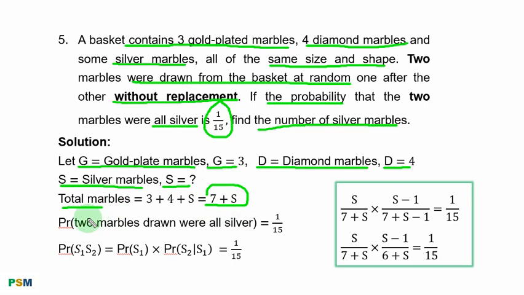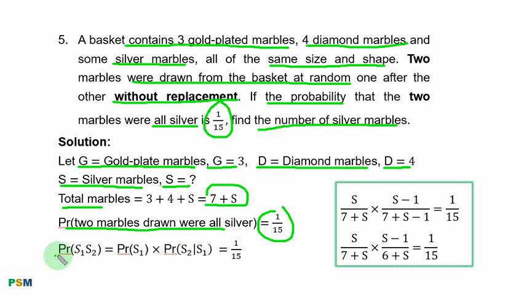Let's continue. Probability 2 marbles drawn were all silver is given to be 1/15. This is dependent event, as I said earlier, which is part of multiplication rule.